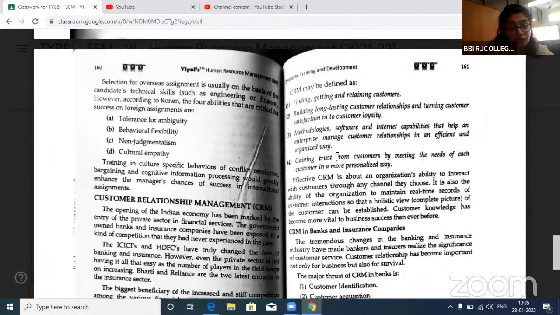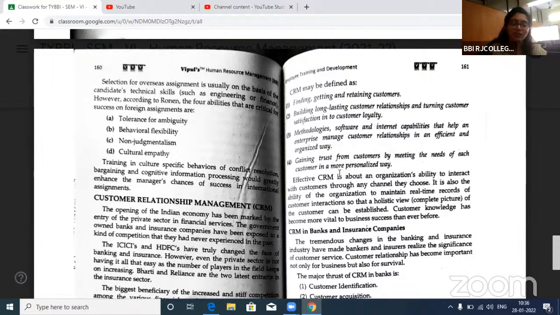Also gaining trust of customers, because if the products that are sold to the customers are not good for health or not the way that has been stated in advertisements or newspapers, then customers will leave your company. They will never buy your product because they want good quality products at reasonable prices. And after getting a product, if there are some defects in the product, they want that service also.